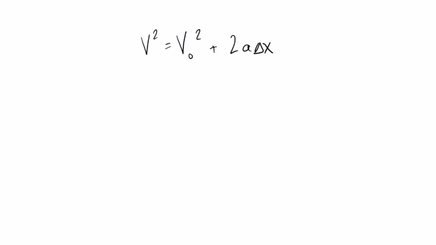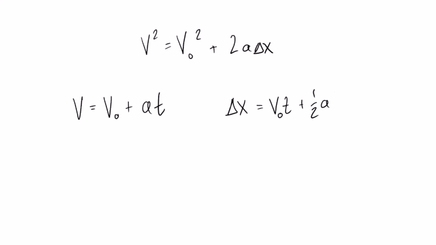All right, so the ones we went over in the video were the definition of acceleration, v equals v naught plus at, and then the other one is the displacement curve, which I prefer to write like this, delta x equals v naught t plus 1/2 at squared.